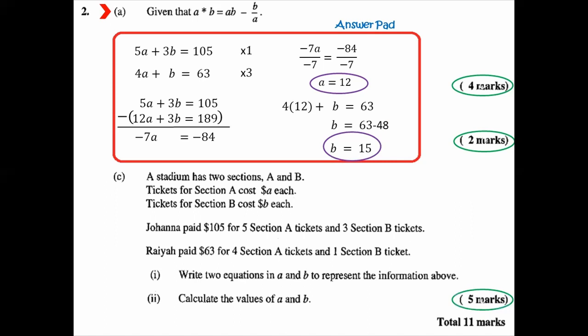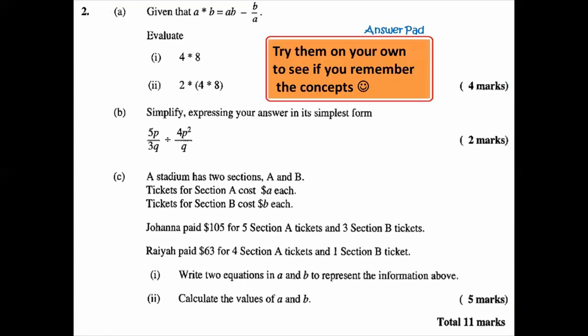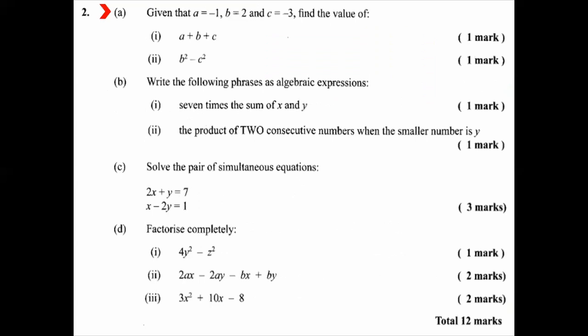Students, if you get questions like these on the exam, please do your best to get it correctly. Again, I'm going to encourage you, try them on your own to let the concept stick.